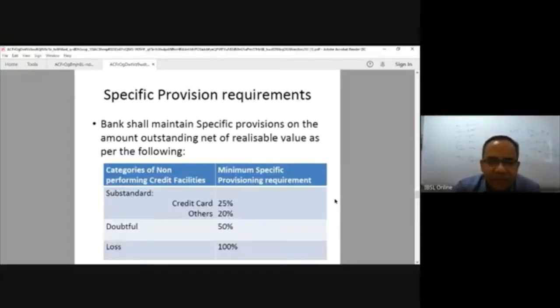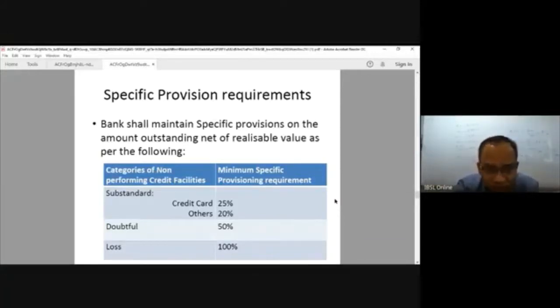Provisioning requirement is here. Say for a particular loan you have given, when it comes to substandard, you have to provide 20%. While you are doing the provisioning for 20%, how much of the asset can you consider?